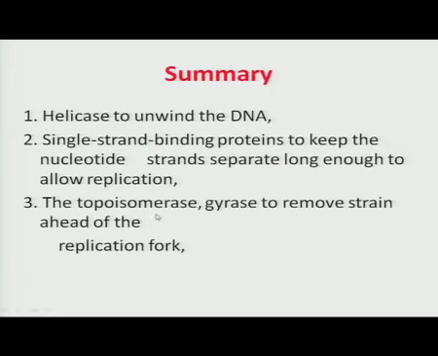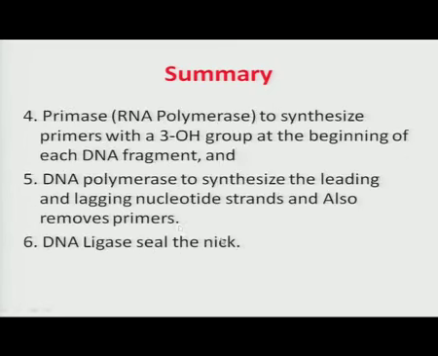Now, let us summarize all the concepts we have learned till now. Helicase enzyme which unwinds the DNA, single-stranded binding proteins to keep the nucleotide strands separated long enough to allow replication, topoisomerase, a type of gyrase enzyme which removes the supercoils formed ahead of the replication fork, the primase which synthesizes primers and provides a 3 OH group to the DNA polymerase so that polymerization can be done.